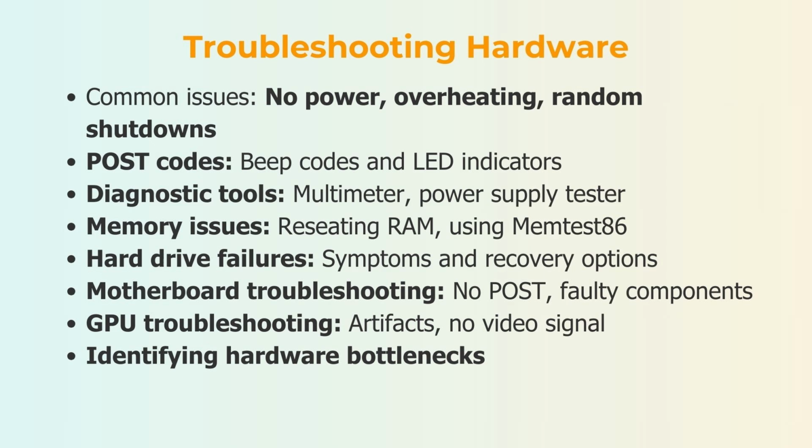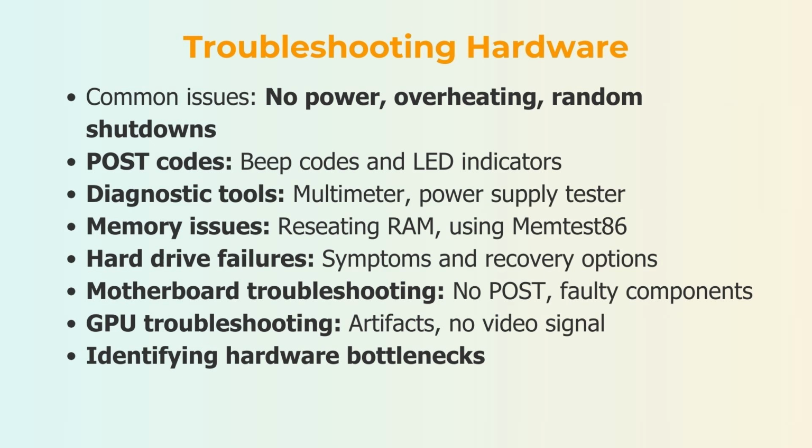Hardware issues can be frustrating, but with the right approach, you can diagnose and fix them efficiently. Common hardware problems include no power, overheating, and random shutdowns. The exam will test your ability to troubleshoot these problems using diagnostic tools such as multimeters for checking the power supply and MEMTest86 for testing RAM.